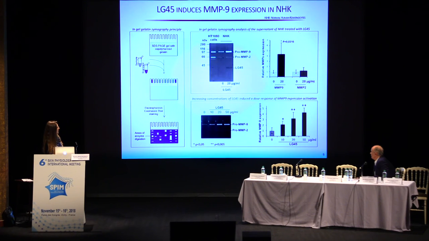In this experiment, the conditioned media of HT1080 cells were used as a control to verify the molecular weight of the bands, because these cells are known to express high levels of both gelatinase 2 and 9. Finally, treating cells with increasing concentrations of LG45, as you can see on the zymogram and its quantification, induces a dose response of MMP9 expression activation.